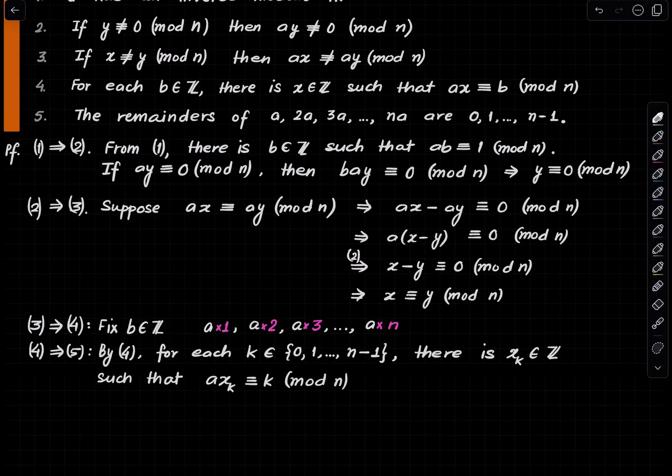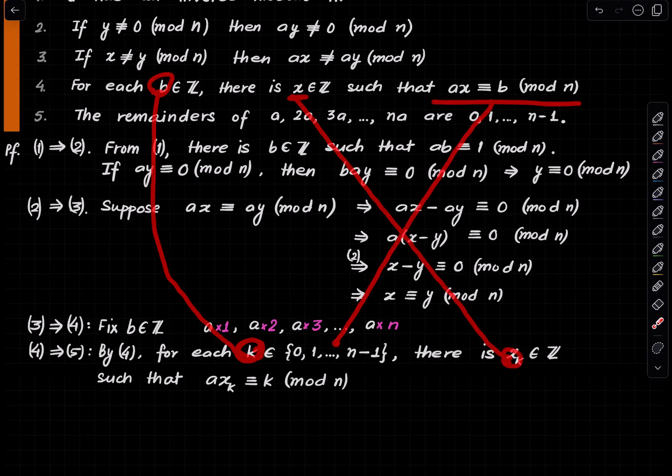This is immediate from 4. 4 says that no matter what b you pick, which we are writing k here, there is some x which we are writing as xk, such that this congruence holds, which we have written over here.